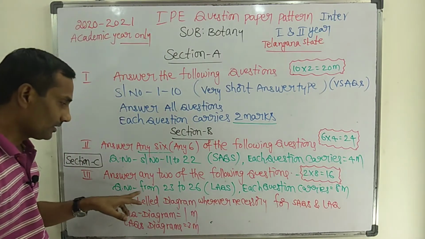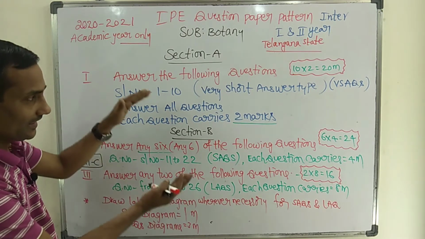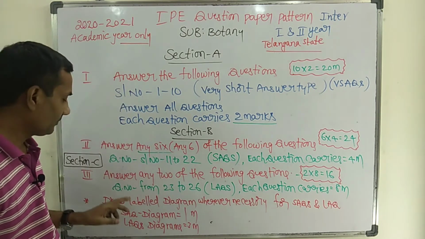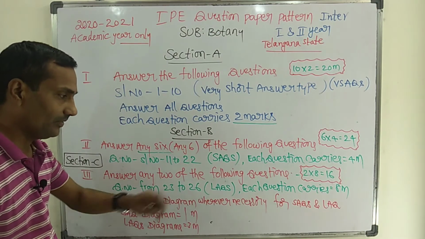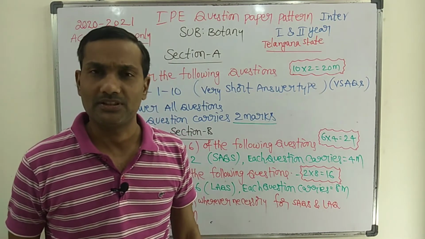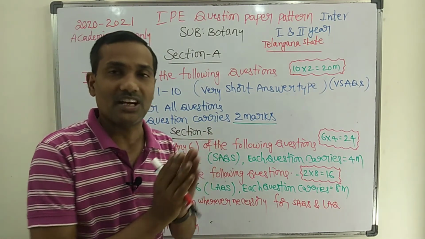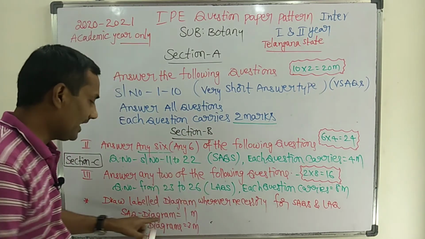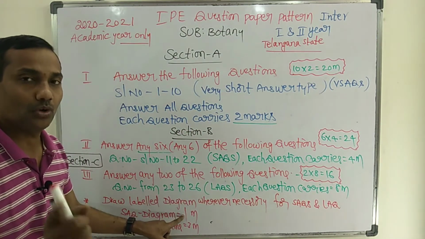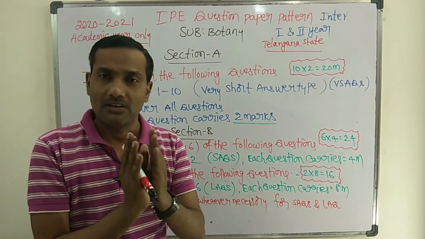But the most important thing is regarding diagrams related to questions. Draw labeled diagrams wherever necessary for short answer and long answer questions. For a short answer question, the diagram carries 1 mark. In section B, some questions are diagram based.